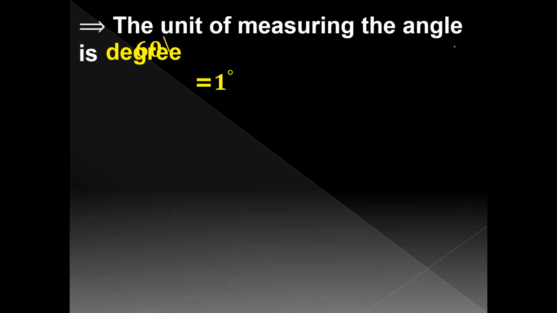And we'll take new units: minute and second. 1 degree equals 60 minutes. And 1 minute equals 60 seconds.